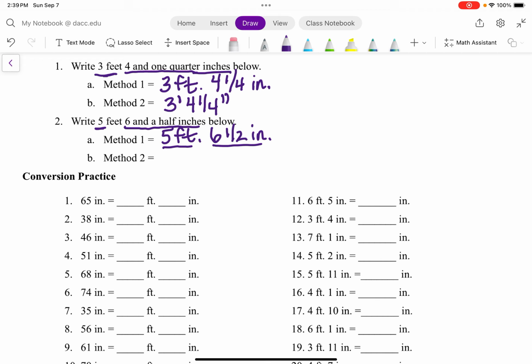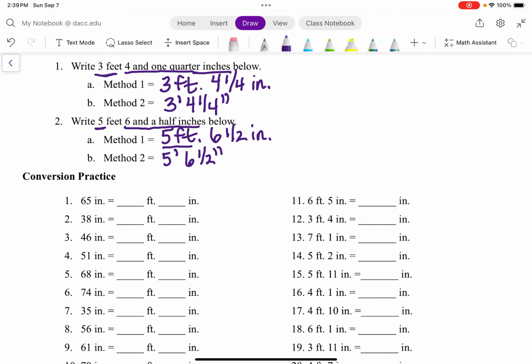So now method two, once again the apostrophe method. We're going to go 5, one apostrophe for feet, 6.5 inches, two apostrophes. I don't like the way that looks. Let's switch that up. Two apostrophes showing inches, right?